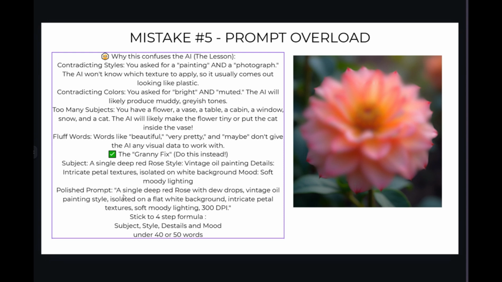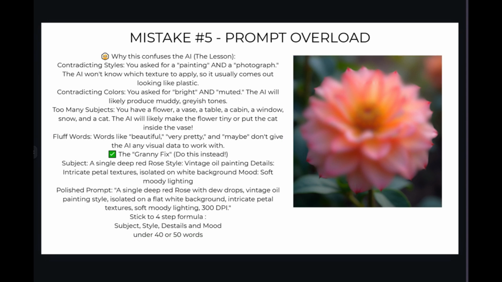So a more polished prompt would be a single deep red rose with dewdrops, in a vintage oil painting style, isolated on a flat white background, intricate petal textures, soft moody lighting, 300 dpi. So stick to the 4-step formula: subject, style, details and mood, and keep it under 40 or 50 words.